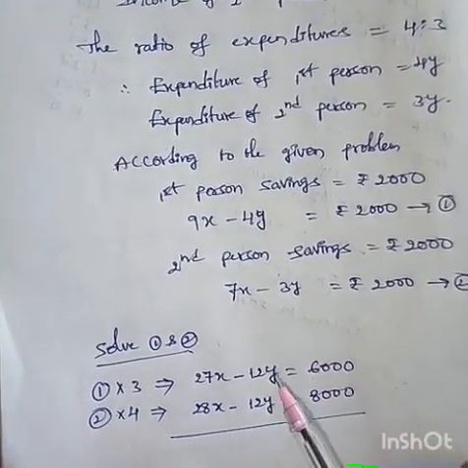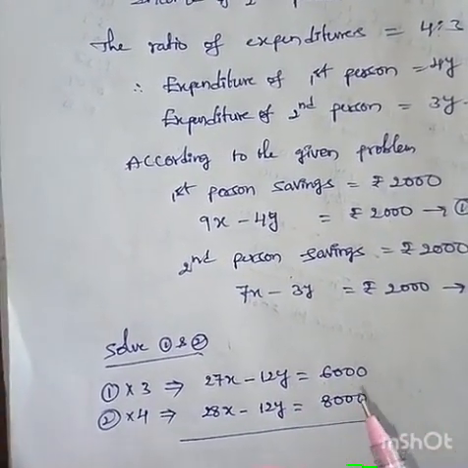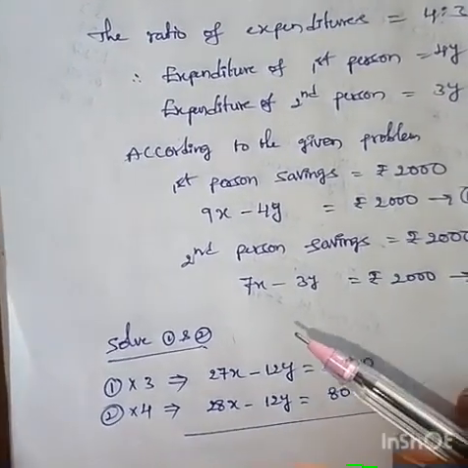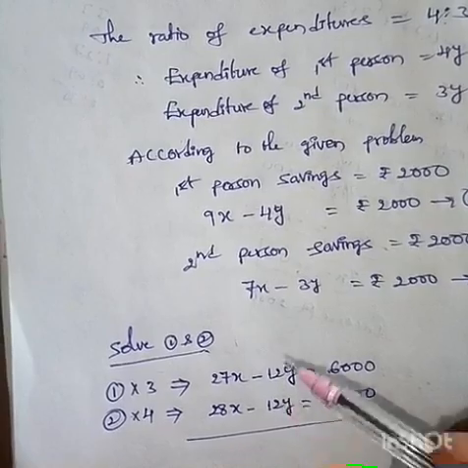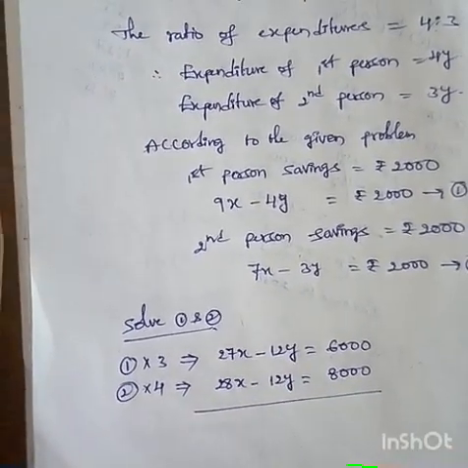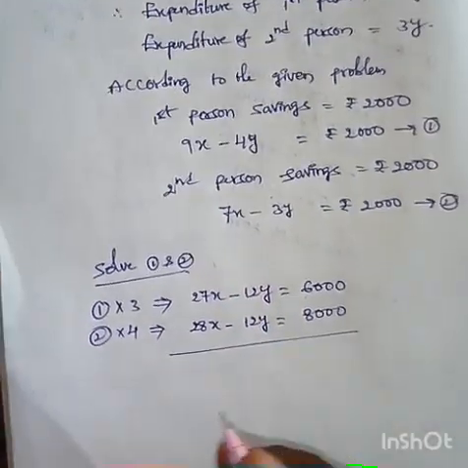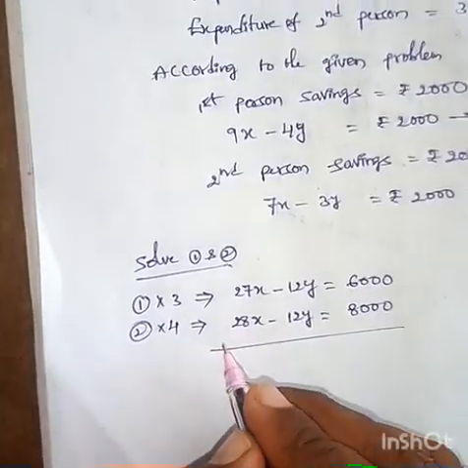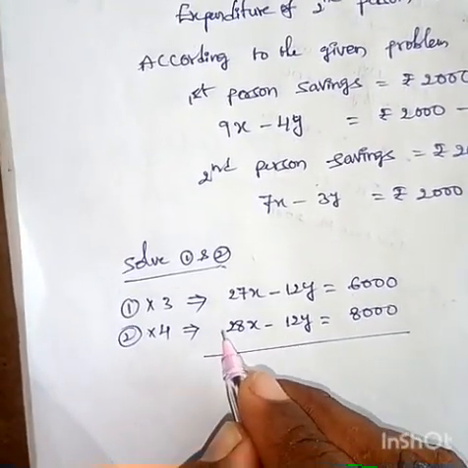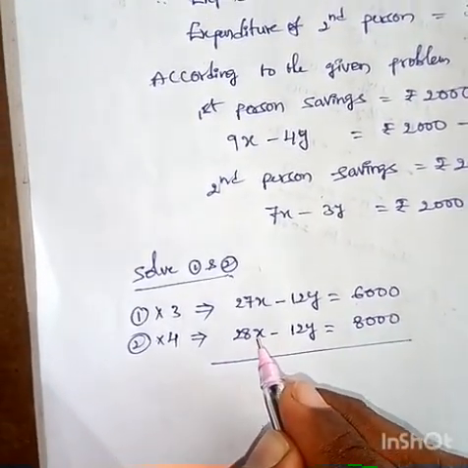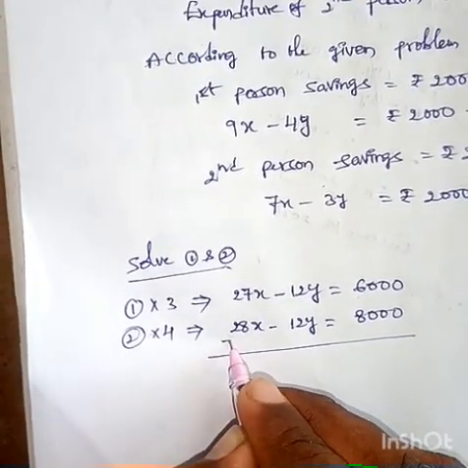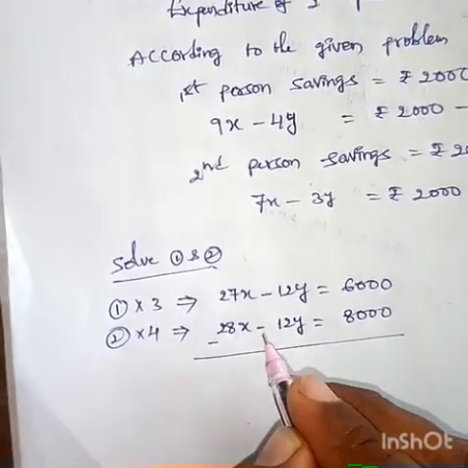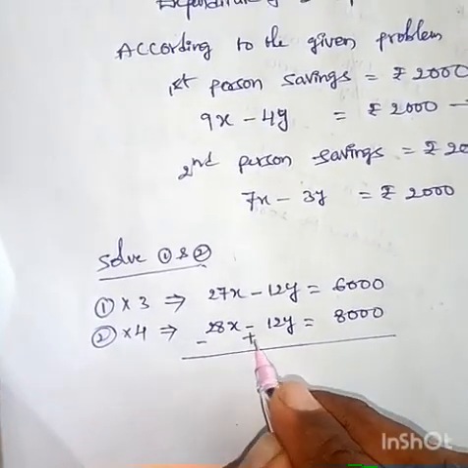Here I wish to eliminate y variable. Here the variable to be eliminated has same symbols. So we have to subtract second equation from the first equation. That means we have to change the second equation symbols. Here the 28x has plus symbol, so it becomes minus, and similarly 12y has minus symbol, so it becomes plus symbol.